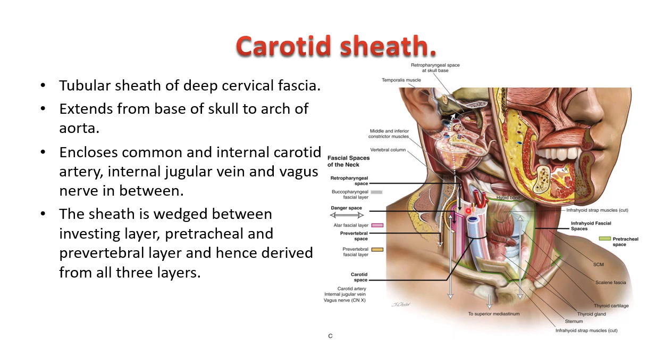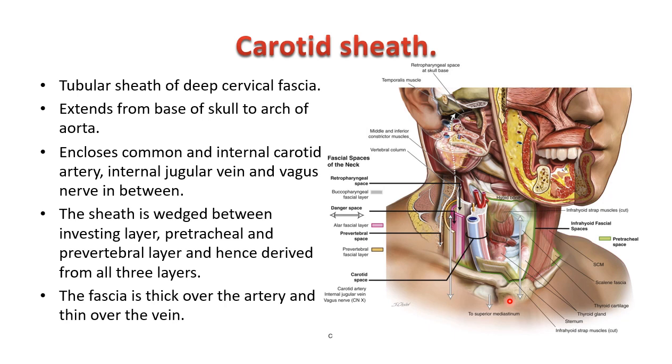So this sheath goes up to the base of the skull, the margins of the carotid canal, and below, if you trace it, it merges up to the arch of the aorta. Okay, so the fascia is thick over the artery and thin over the vein to allow dilatation of the vein, and anteriorly it will be related to the ansa cervicalis, and posteriorly the cervical sympathetic chain is present.